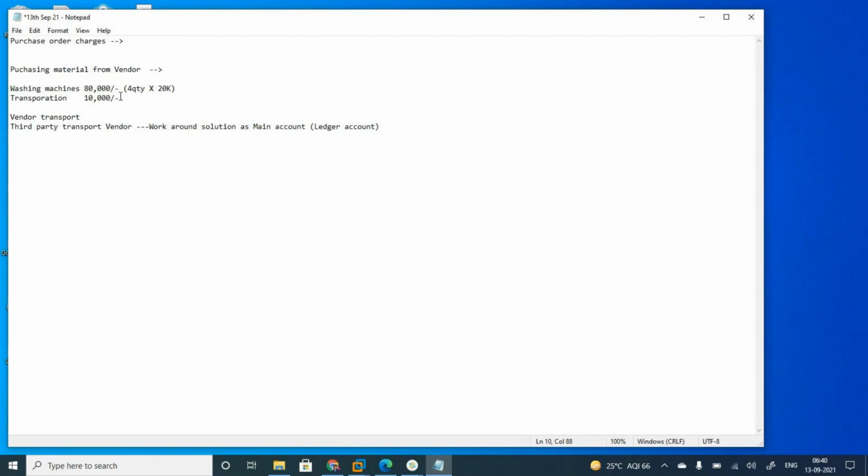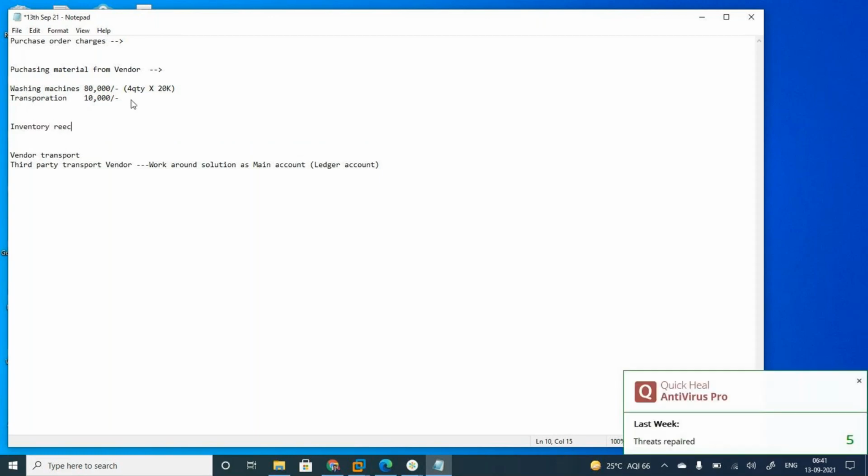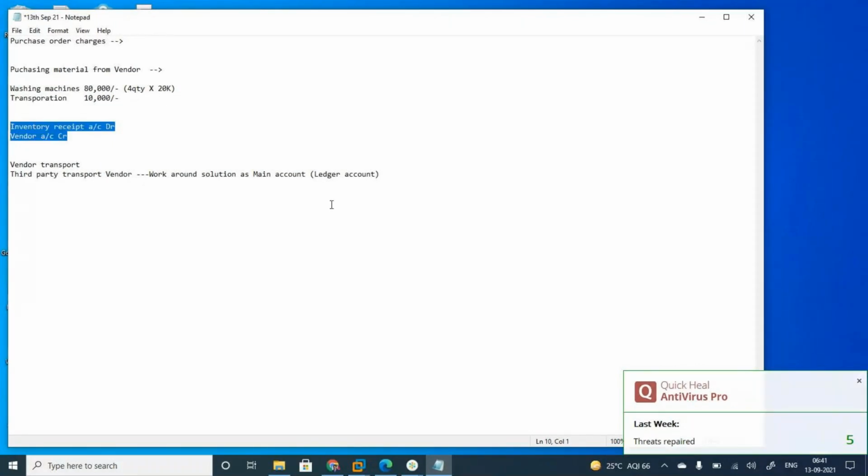Now, this 80,000 is the material cost and 10,000 is the transportation charge. In the system, I need to post the material cost as inventory receipt account debit to vendor account credit. Am I right? This is invoice posting. Any doubt in this, particularly finance people?